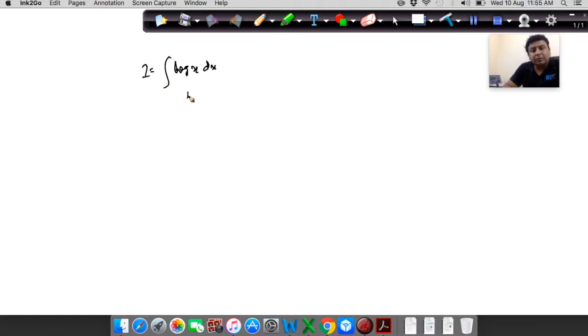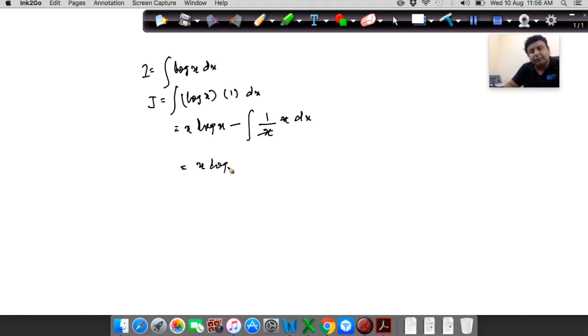Then log x is the first function, and into 1, a constant, we will introduce on our own and take that as the second function. So see, first function as it is into integration of 1 is x, minus integration of 1 upon x, the differentiation of log x, into x. So that cancels, you get x log x minus x plus c.